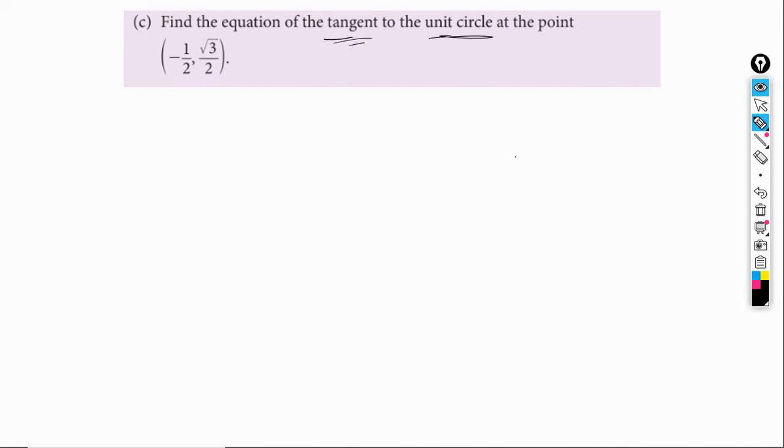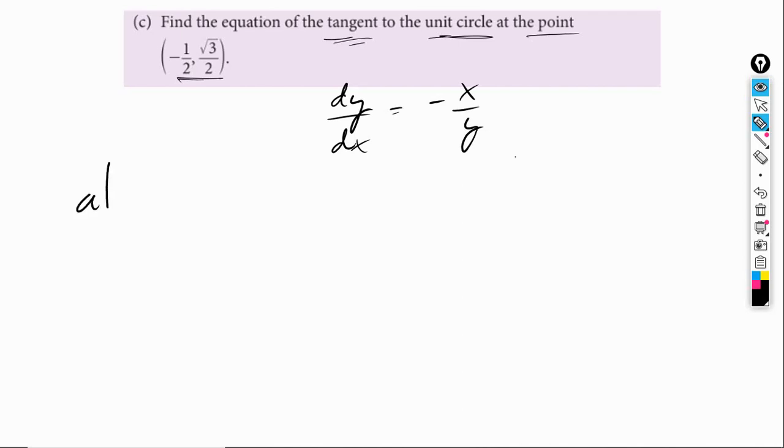And then finally, in part C, they ask us to find the equation of the tangent to the unit circle at point negative 1/2 comma square root of 3/2. Okay, so if we want to find the equation, we're going to need the slope. Now we know that the derivative of the unit circle is minus x over y, so this is going to give us the slope.